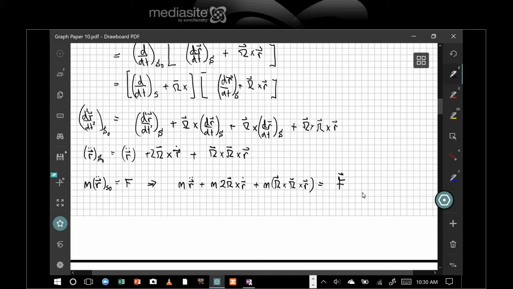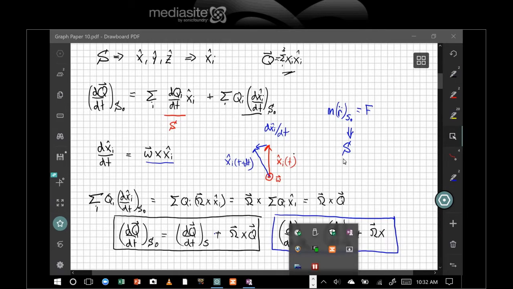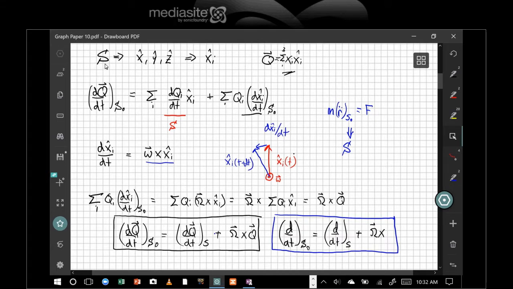Okay. So now, basically what I said was, well, M times R double dot in the S naught frame equals F. I'm going to stick that result in. I'm going to get M times R double dot plus M times 2 omega cross R dot plus M times this triple cross product here.